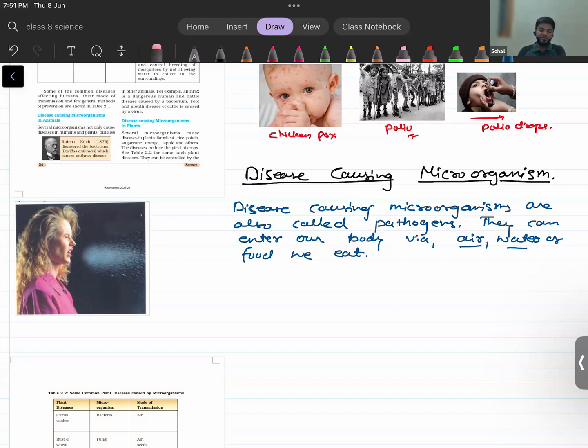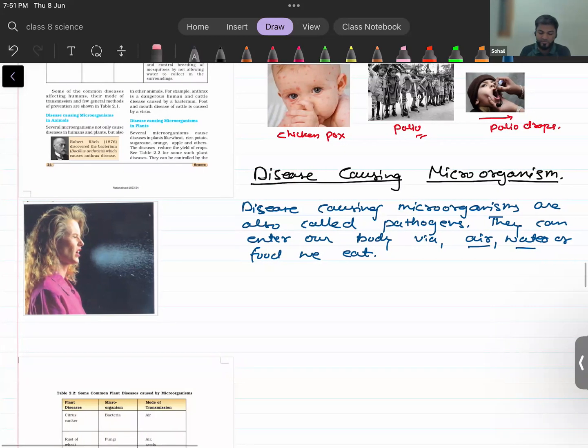Like if a person is sneezing near you, say this lady is sneezing here, the millions of water droplets released by her into the atmosphere, carrying the common cold virus, spread around her. So whoever is sitting near her, when that person breathes the air, those viruses will enter their body as well, and that person will also catch the disease.